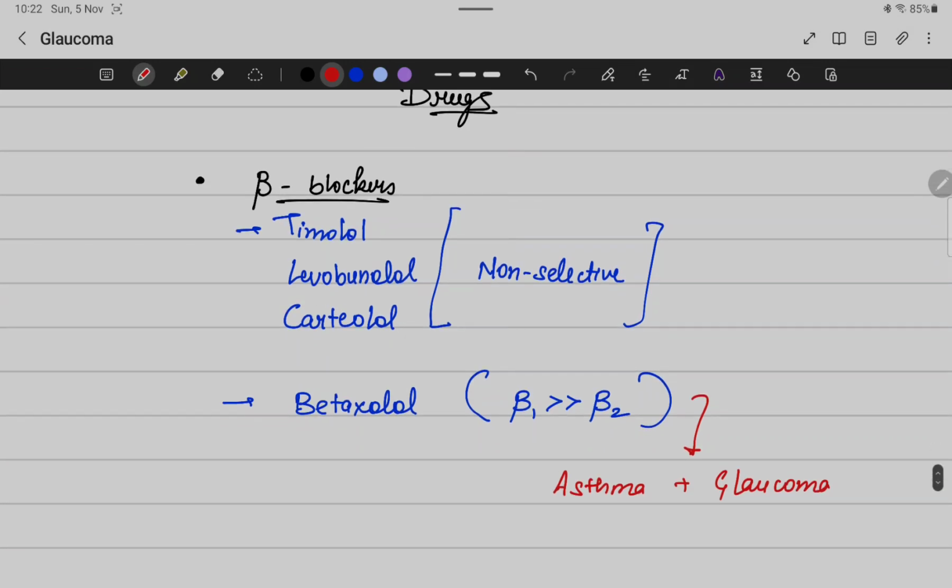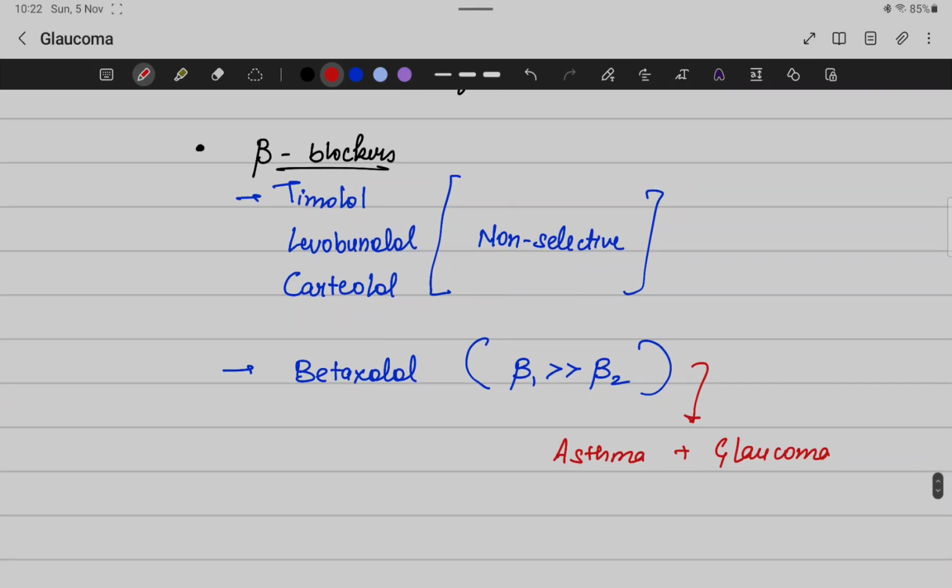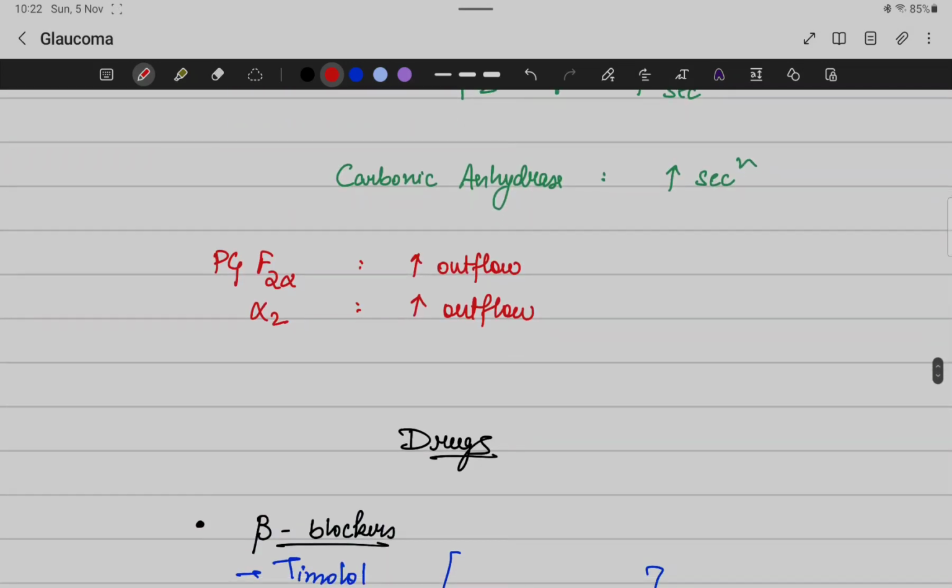Because beta 2 receptors are present in your airway, and in asthmatics, if you block these beta 2 adrenergic receptors, it can lead to further deterioration of the symptoms. So we use betaxolol, which is beta 1 selective. Moving on, so you can understand how these are working, right?